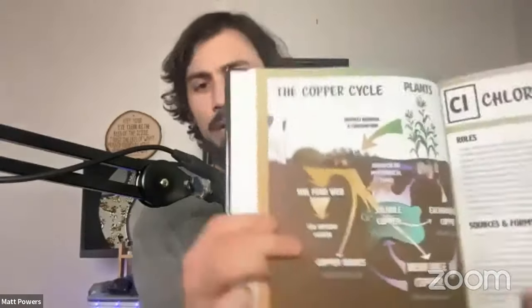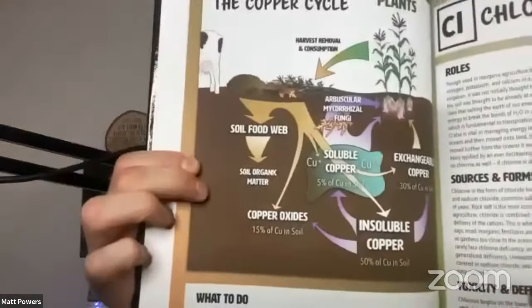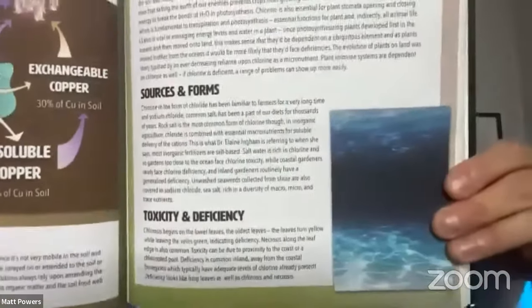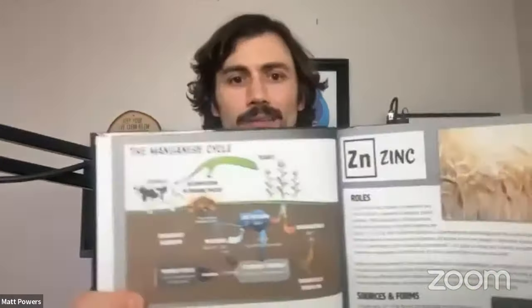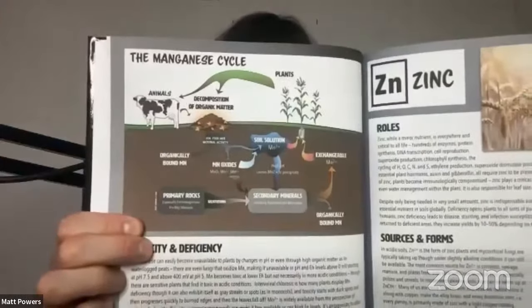So here's the copper cycle. And you're like, what do I do when chlorine is toxic? What do I do when it's deficient? What are the sources and forms of that? What about the manganese cycle? You need manganese to actually fix nitrogen, right?